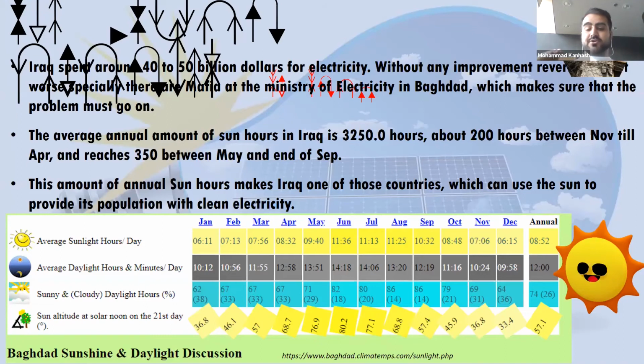For example, in January in Austria, it's about 100. So it's double. And in summer, we are talking about 350 hours. In Austria, in July, 200. So the difference is really huge. That makes Iraq really a hotspot for solar panels.